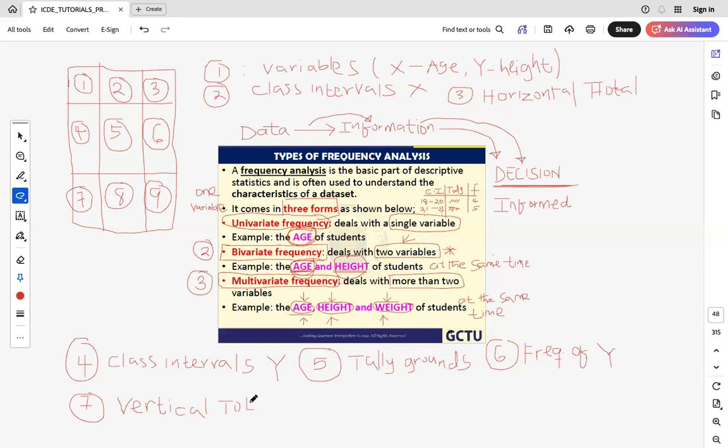Vertical total of the tally. Area number 8 looks like area number 6. It will be the frequency of the X variable.